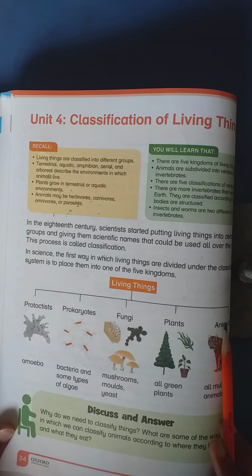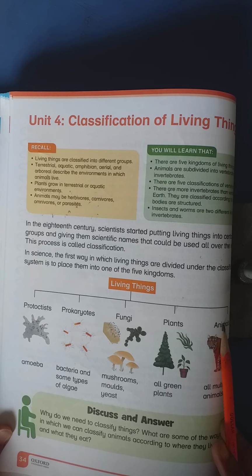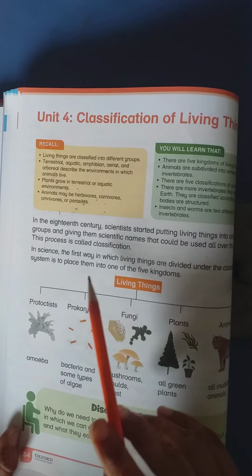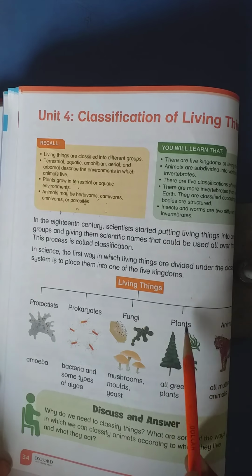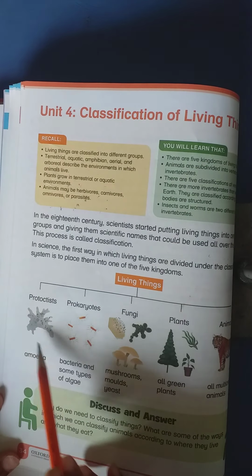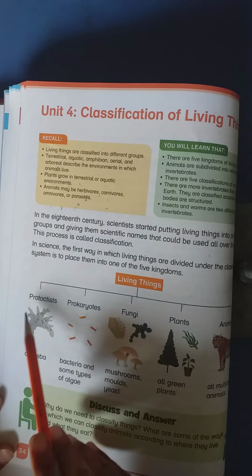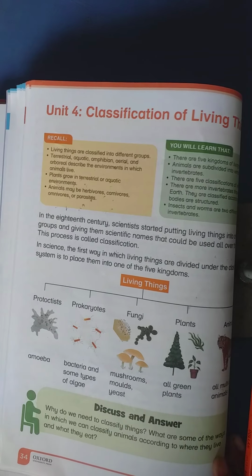For example, we are human beings but our scientific name is Homo sapiens. So this scientific name is used all over the world. Okay, so these are the 5 kingdoms in which these living organisms are divided.